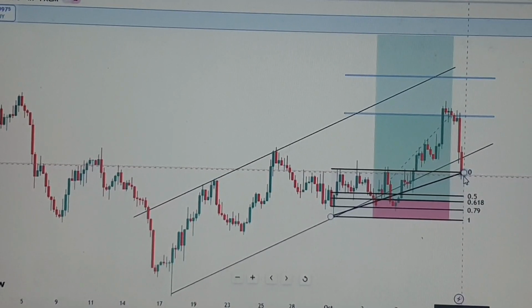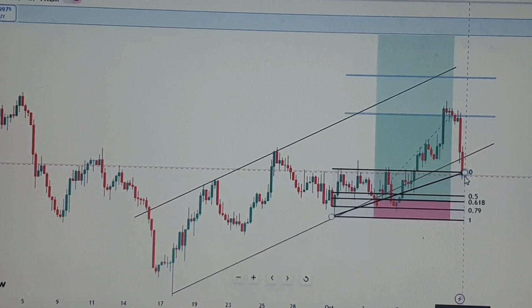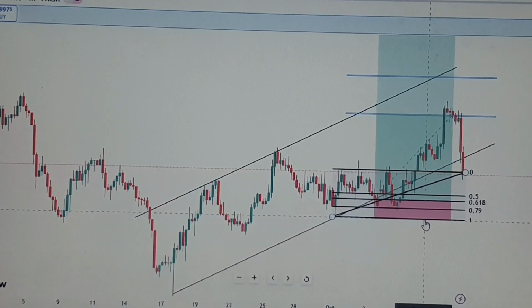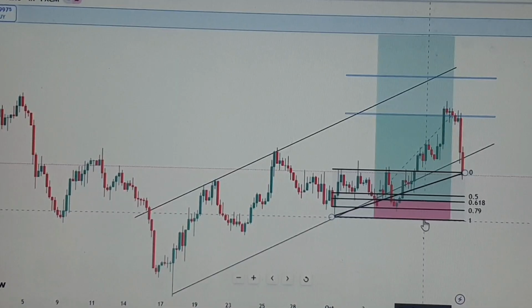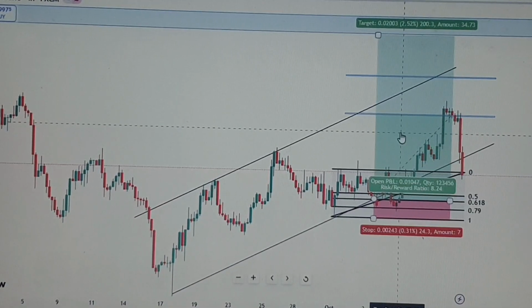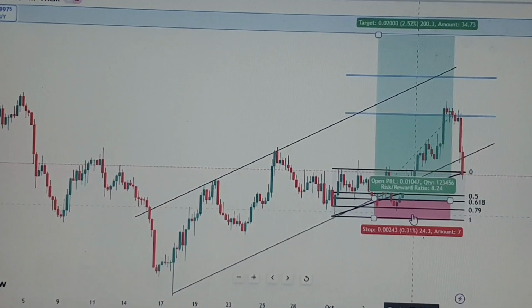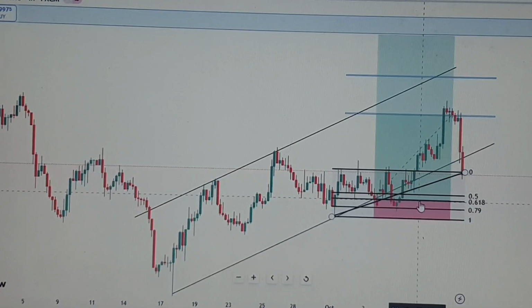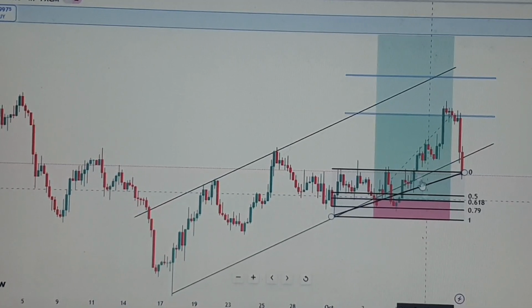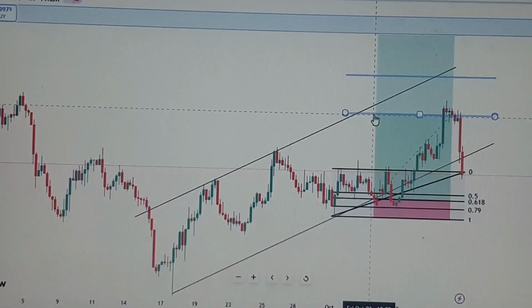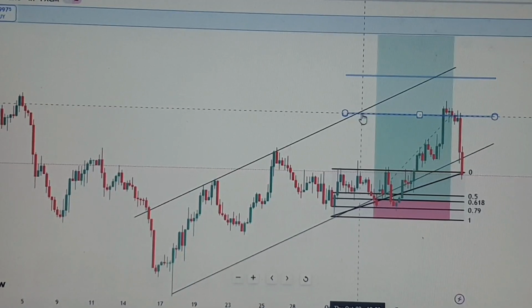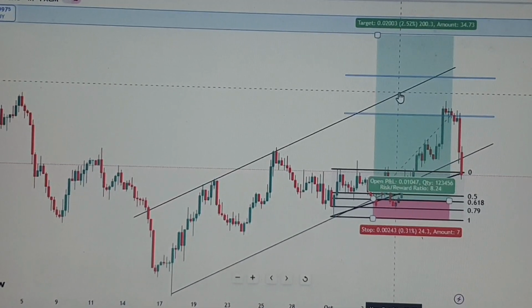But the funny thing about this is that I am not in any panic mood or whatsoever, because regardless, even if it hits my stop loss, guess what? I will still be making a little profit from this trade. I'm not locking my stop loss, I am not locking my capital, I'm leaving it like that. TP1 has been taken out already, you understand? So I've secured TP1, which is half of the overall target.